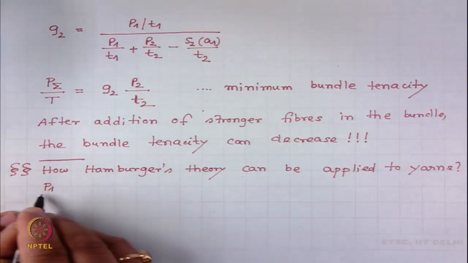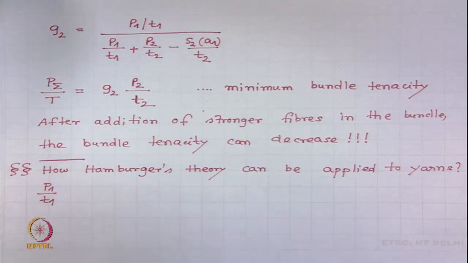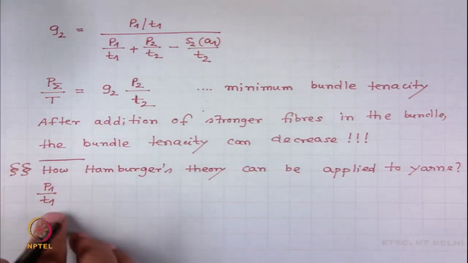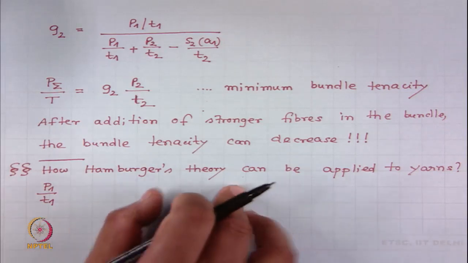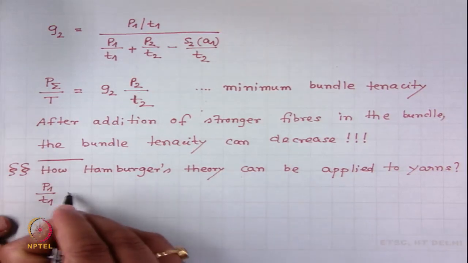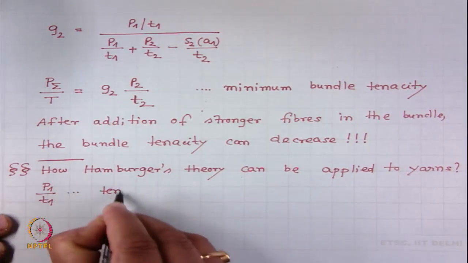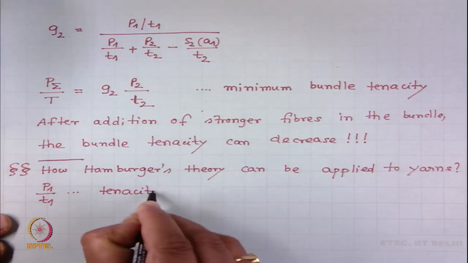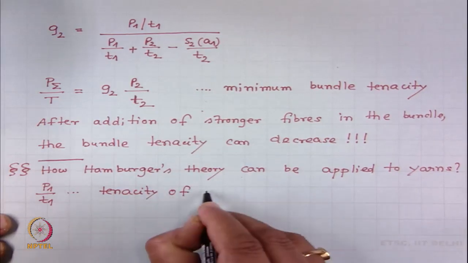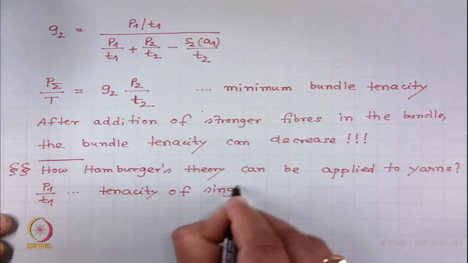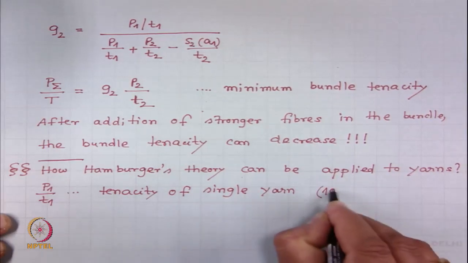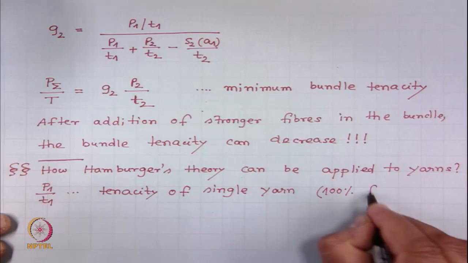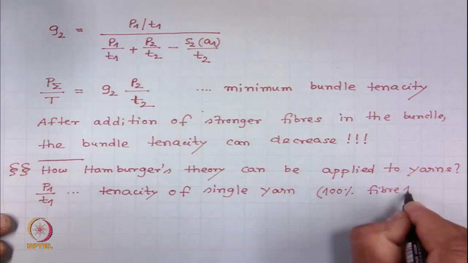P1 by T1 in Hamburger's theory was the tenacity of fiber 1, but in this particular case we will consider this as the tenacity of single yarn, 100% fiber 1.